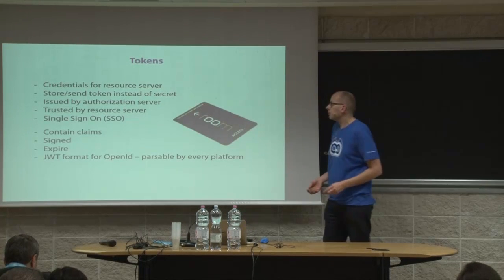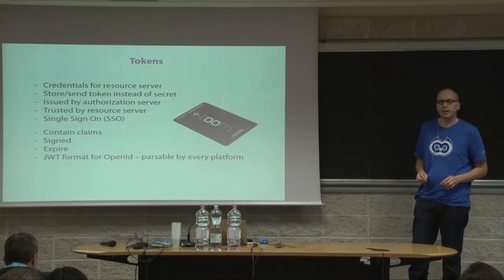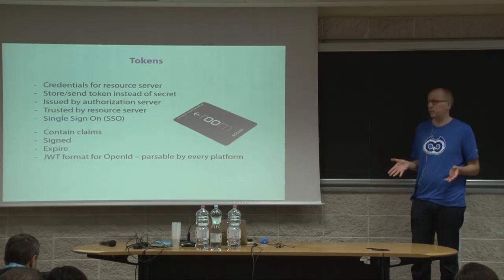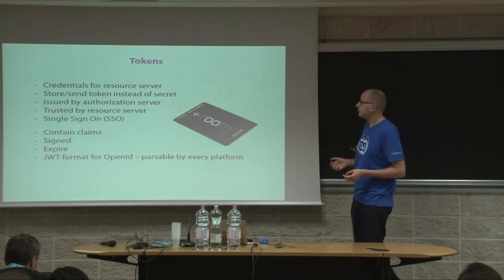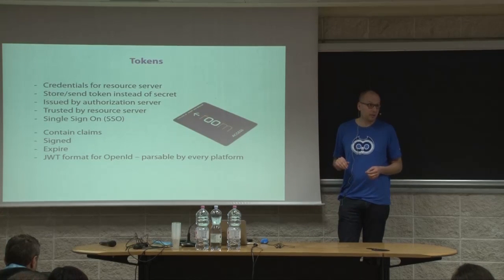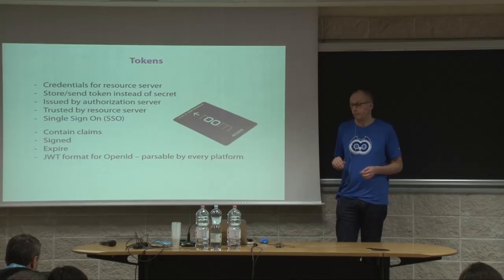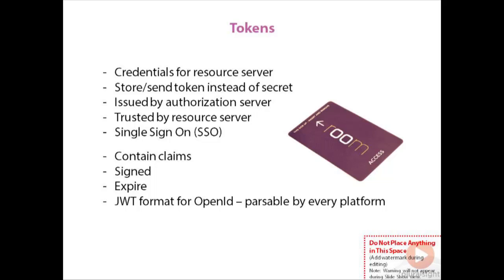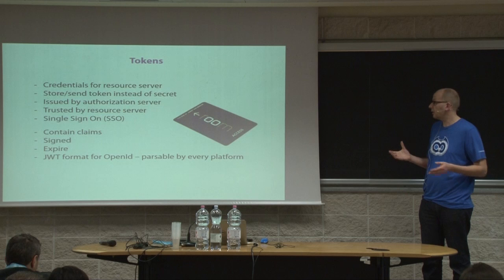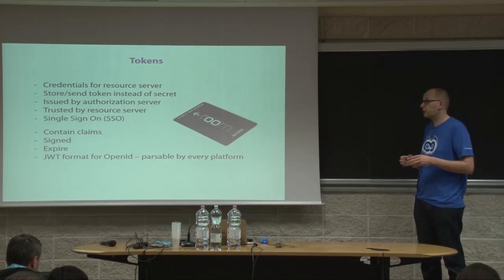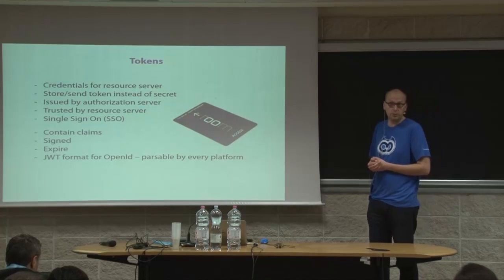So what's in a token? Well, it contains claims, and claims is information about the user when you use OpenID Connect for identity. And a typical thing about tokens is also that they expire, so they have a limited lifespan. And that's configurable with the authorization server. That basically means that maybe it has an expire time of, let's say, 30 minutes. So you can use that token for 30 minutes to access that resource server.